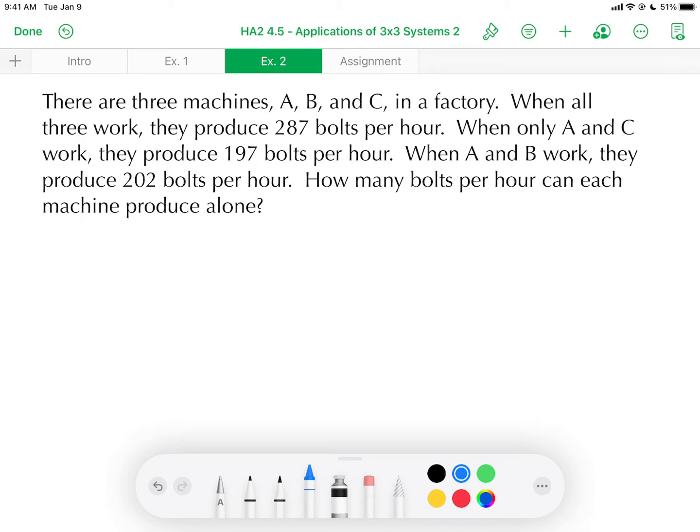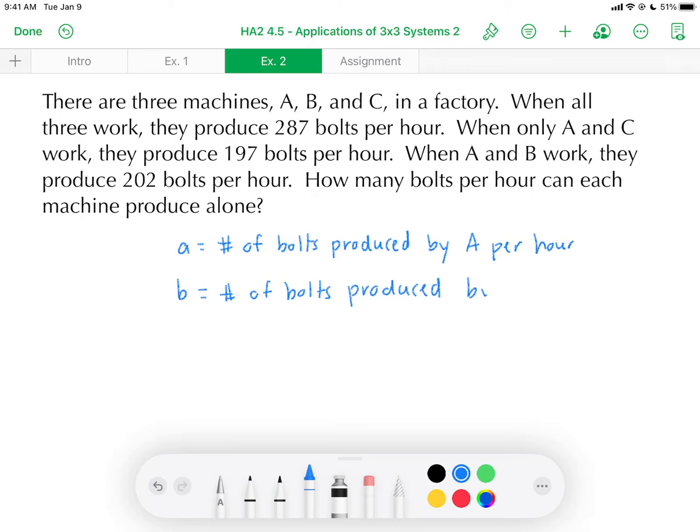Okay, the question at the end tells you what you should define your variables as. How about I use letters A, B, and C this time? I'll use lowercase a to represent the number of bolts produced by machine A per hour. Then lowercase b, number of bolts produced by machine B per hour.